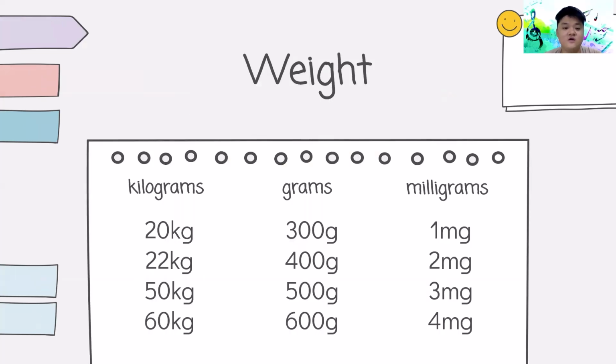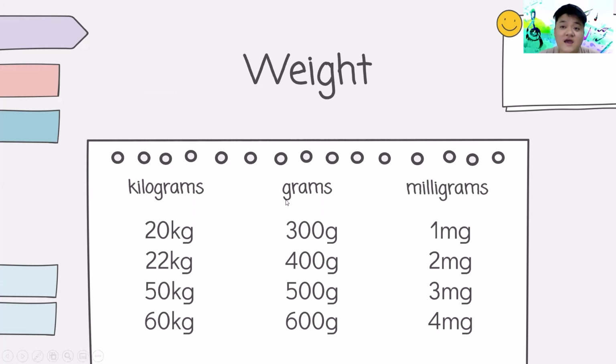Yeah, so let's look. For weight, we have 3 different units. All right, we have kilograms, grams, and milligrams. All right, so under kilograms, we have things like 20 kilograms, 22 kilograms, 50 kilograms, and 60 kilograms. The word kg here means kilograms. All right.